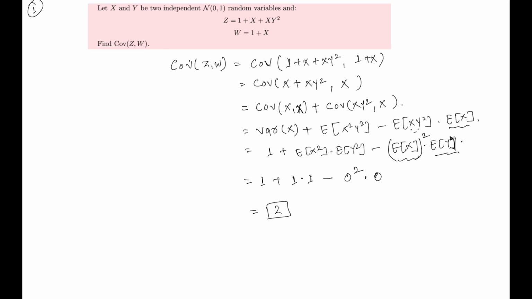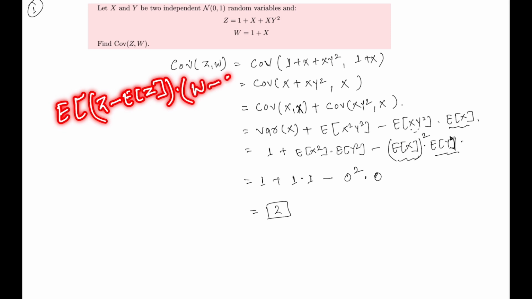Let's proceed with the next question. You see, we have looked at the various properties in order to find the covariance between random variables z and w. Even we can use the core definition of covariance. What is covariance? It is the expectation of z minus mean of z, times w minus mean of the random variable w.